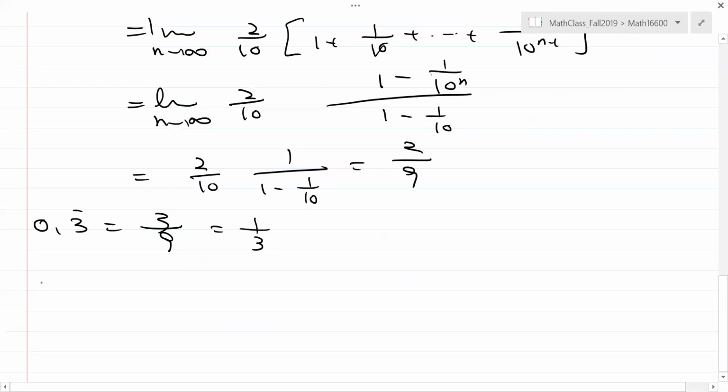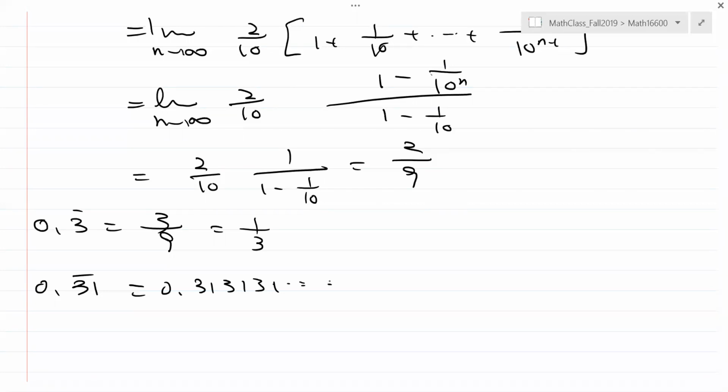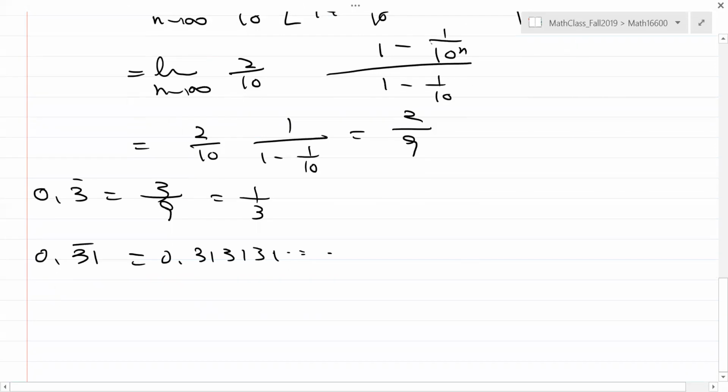Now how about 0.31 bar? That's going to be 0.313131, and this can also be viewed as a series. It's going to be 0.31 plus 0.0031, right?